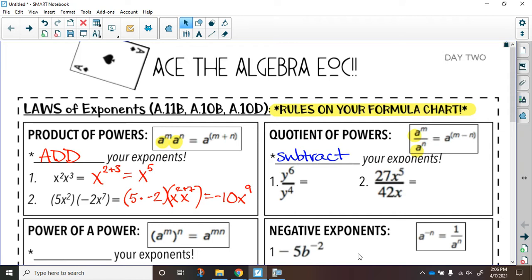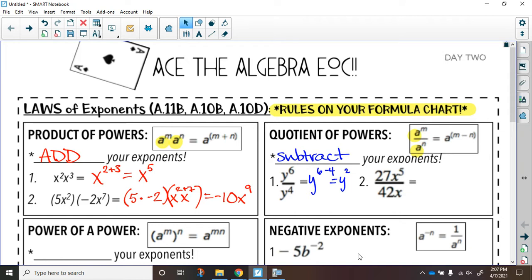If my biggest exponent is on the bottom, I'll move everything to the bottom. If it's on the top, I'll move it to the top. So for number 1, my biggest exponent is on the top. So we are going to take y to the 6th and subtract 4. This gives me y squared.